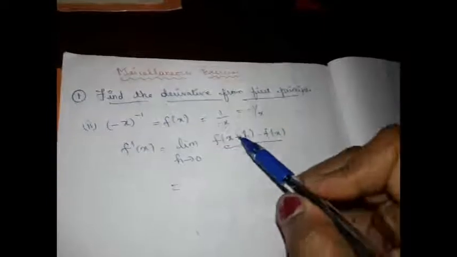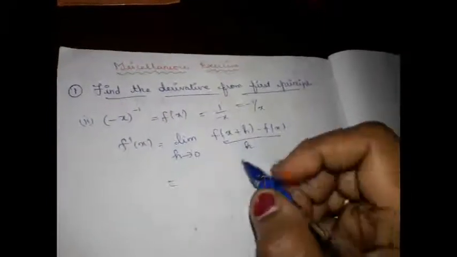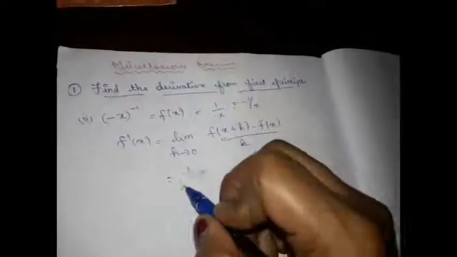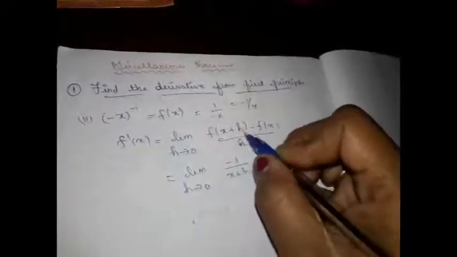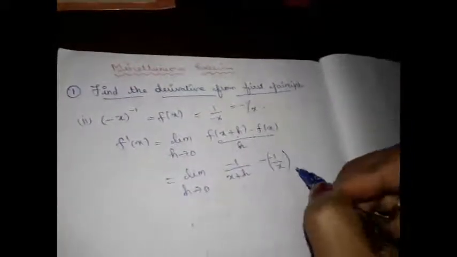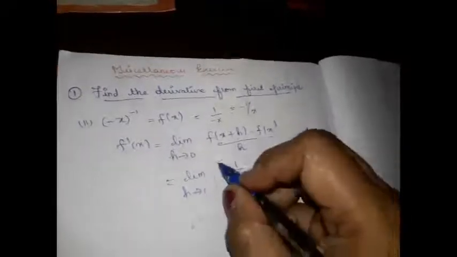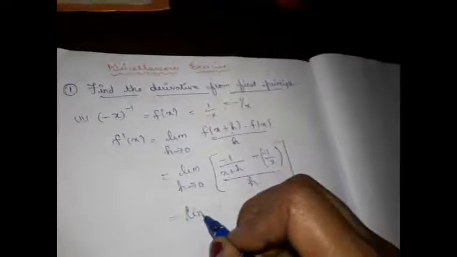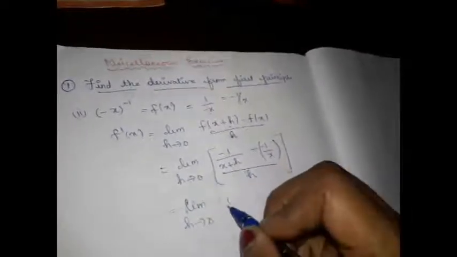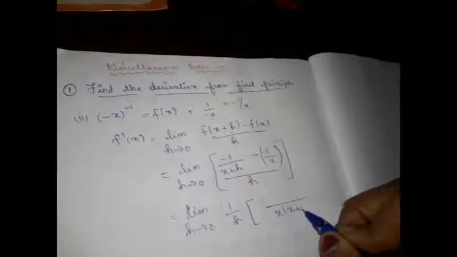So what will be f of x plus h? It is going to be limit h tends to 0 minus 1 by x plus h. In the place of x, we have to write x plus h, minus of minus 1 by x, divided by h. Which equals limit h tends to 0, 1 by h into, take LCM, x into x plus h.